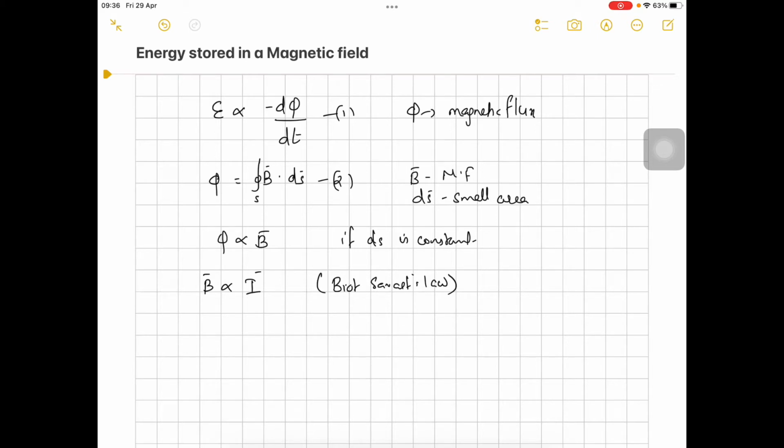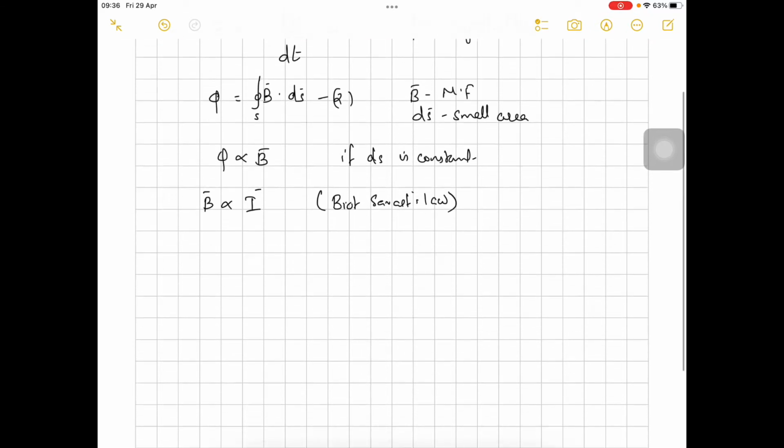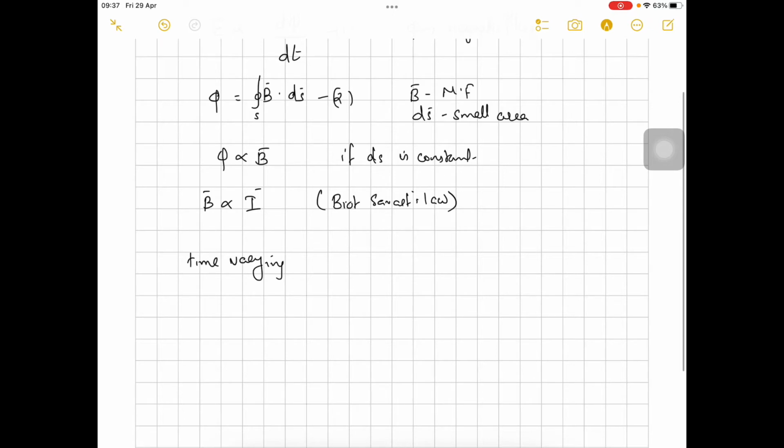So this time varying magnetic field induces an electric field. This electric field exerts force on electric charges, and that results in a current.